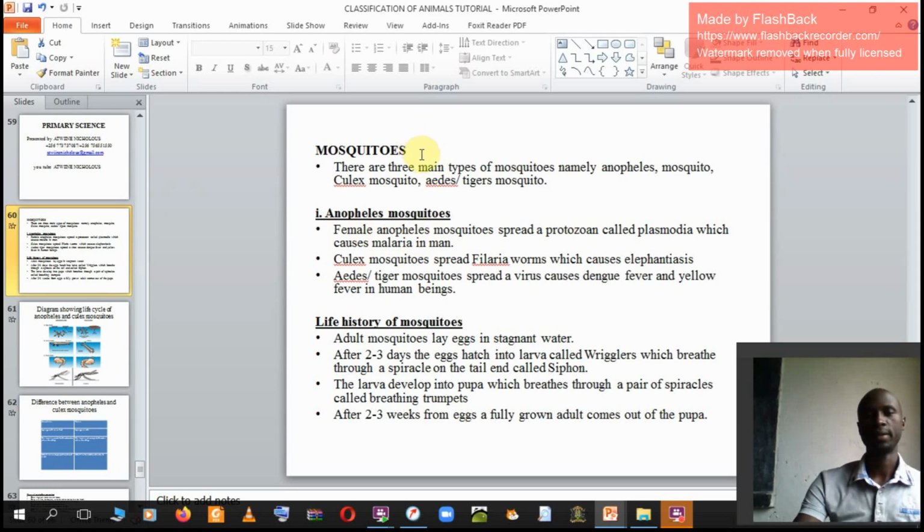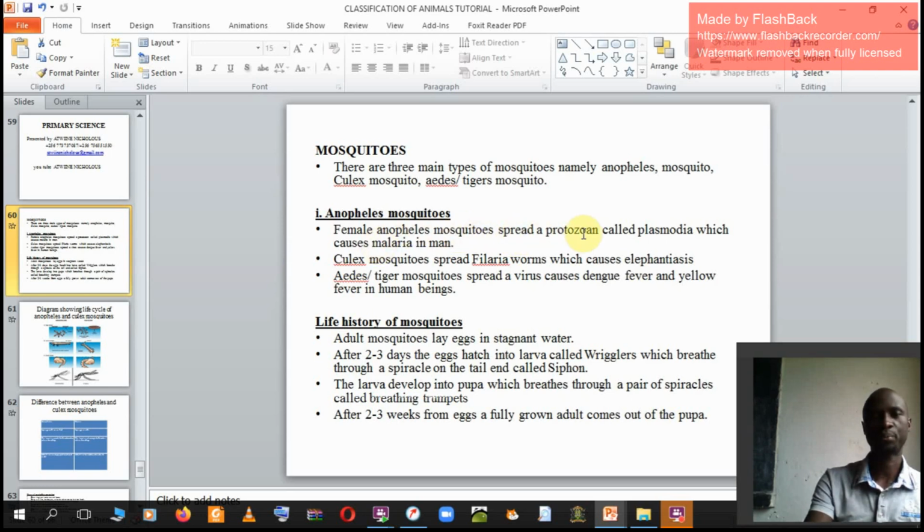We want to look at different types of mosquitoes, and mosquitoes have three main types, of which we have Anopheles mosquitoes, we have Culex mosquitoes, and Aedes or tiger mosquito. Those are three main types of mosquitoes. We look at Anopheles mosquito, and we have female Anopheles mosquitoes.